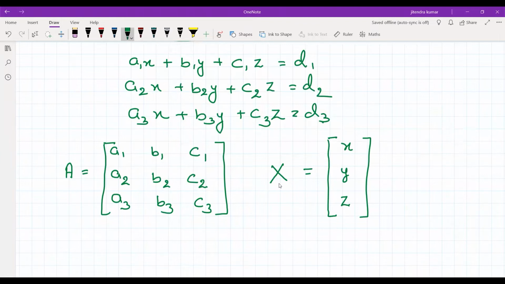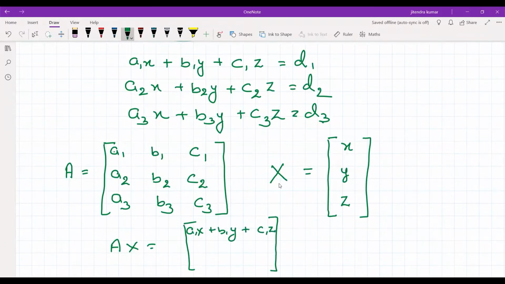If you multiply these two matrices A and X, you will get, if you try to find AX, a1x plus b1y plus c1z.